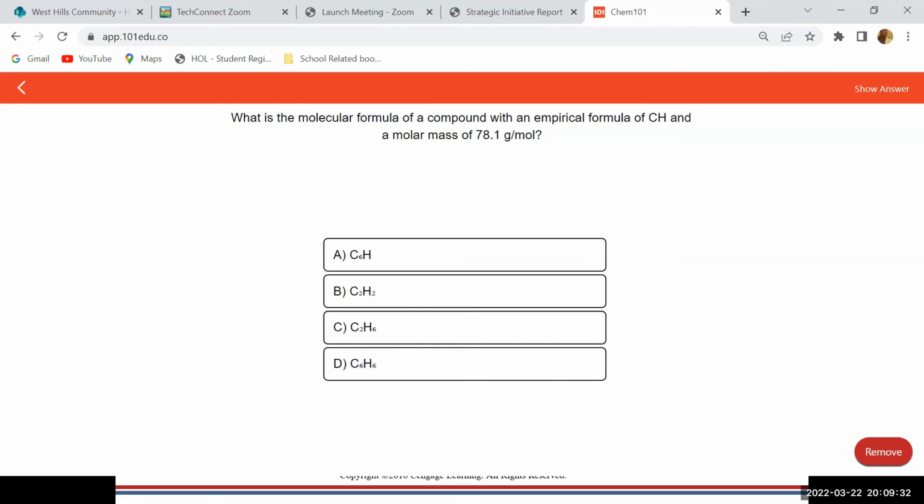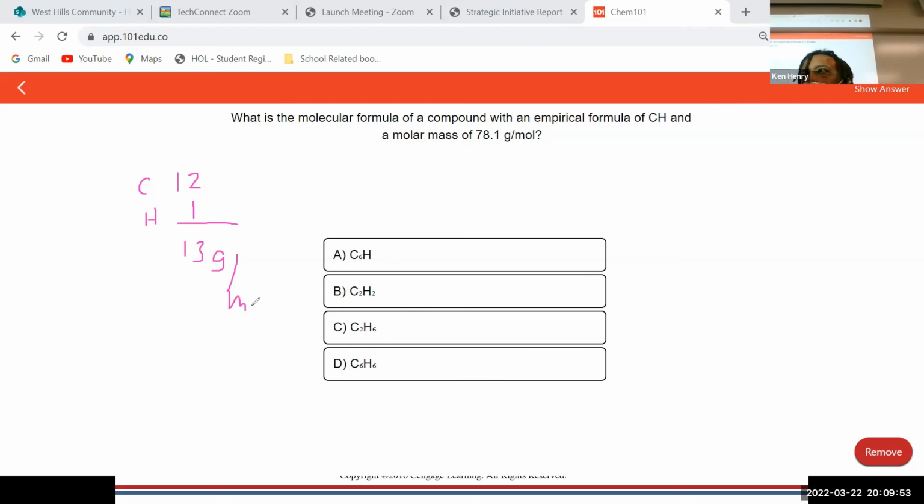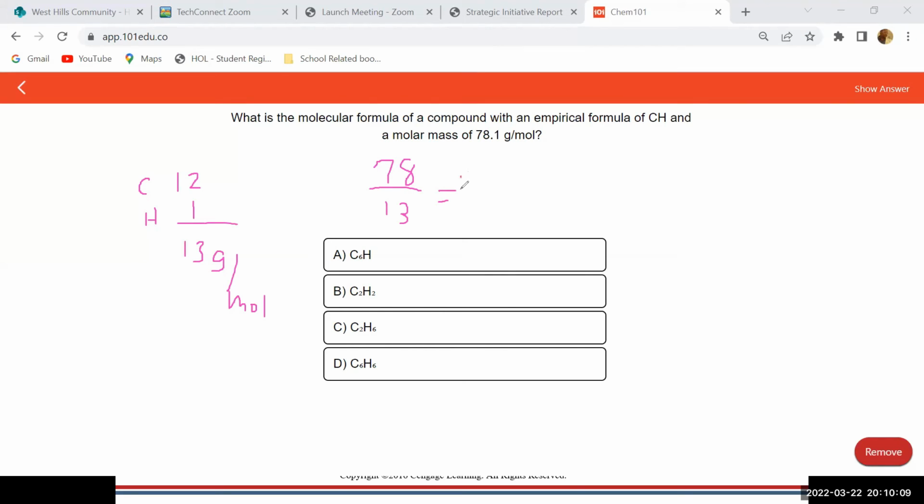I need to find the molar mass of CH. So what is the molar mass of CH? Carbon is 12 and hydrogen is 1, so it's 13 grams per mole. Then you would divide 78 by 13, which equals 6.